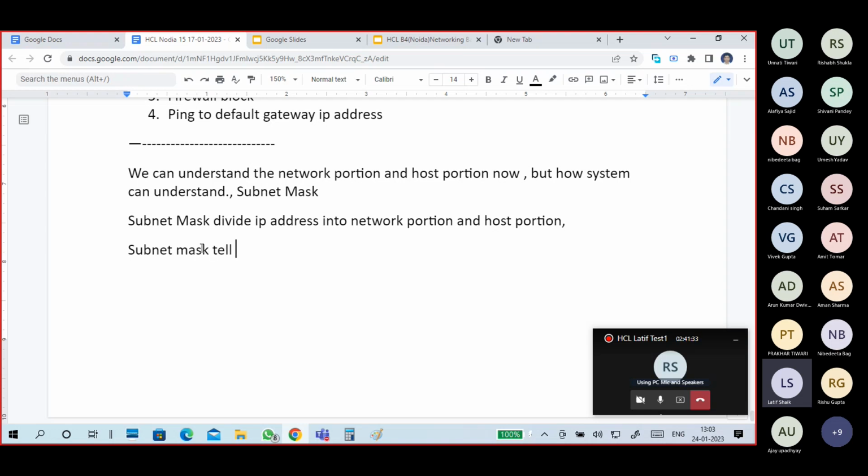Subnet mask will tell what the network ID is. What is the network ID?